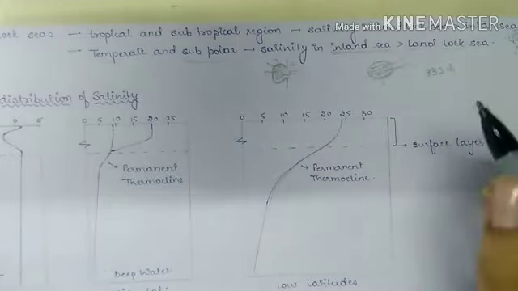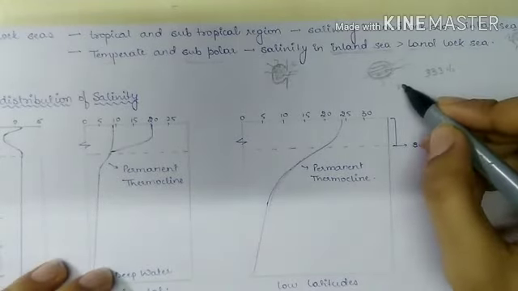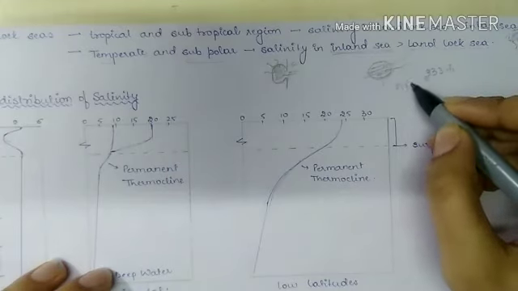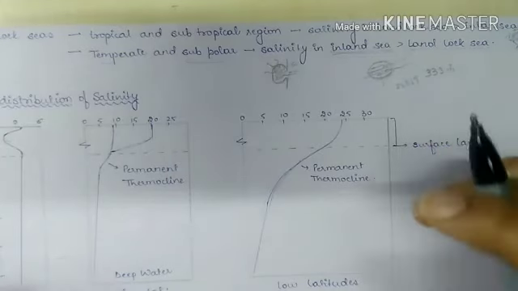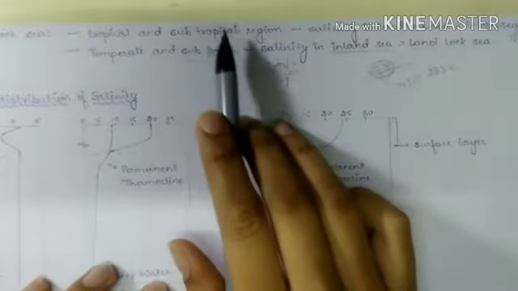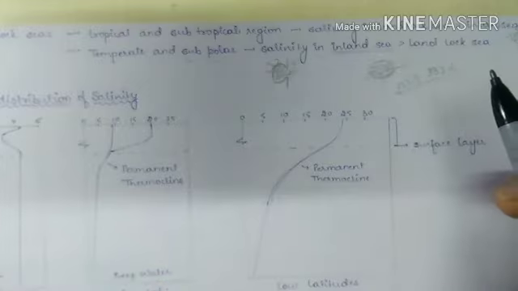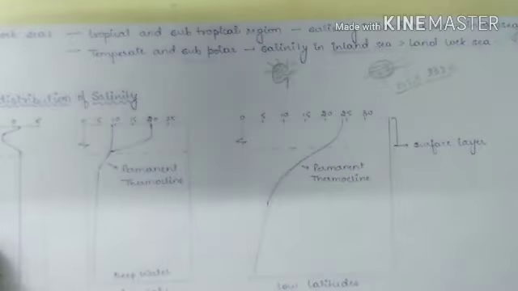Then we have the Dead Sea, where the salinity is 237 ppm, 37.5 ppm. So here, due to restricted opening in tropical and subtropical regions, the salinity reaches a very high value.